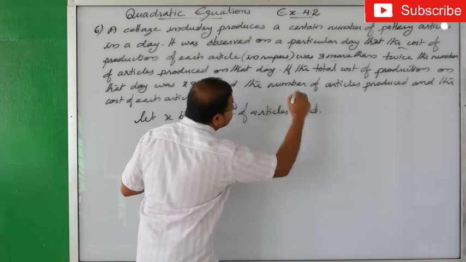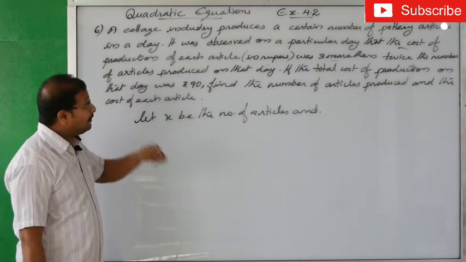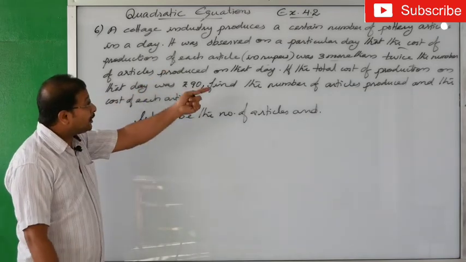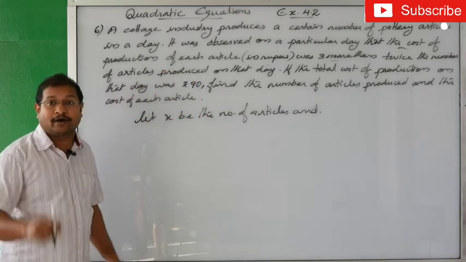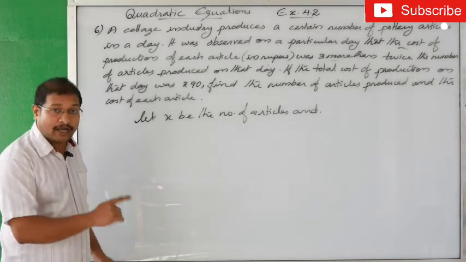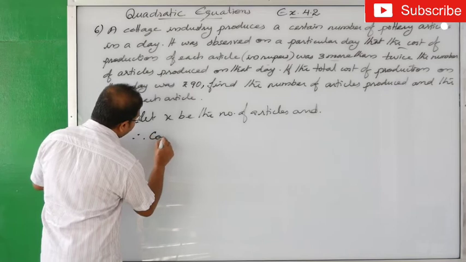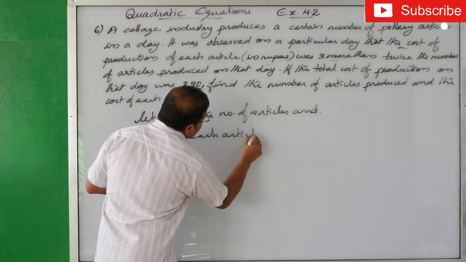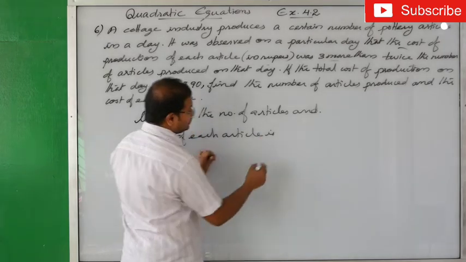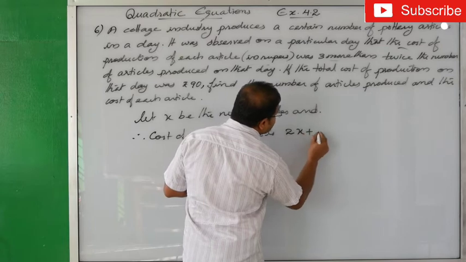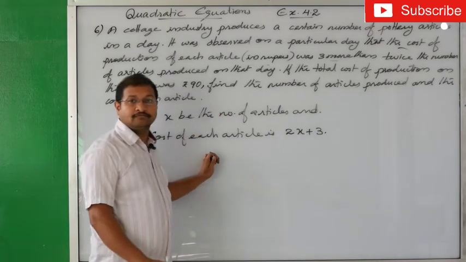And after that, what will you do? It is given that the cost of production of each article is 3 more than twice the number of articles. Therefore, the cost of each article is 2x plus 3. Ready?